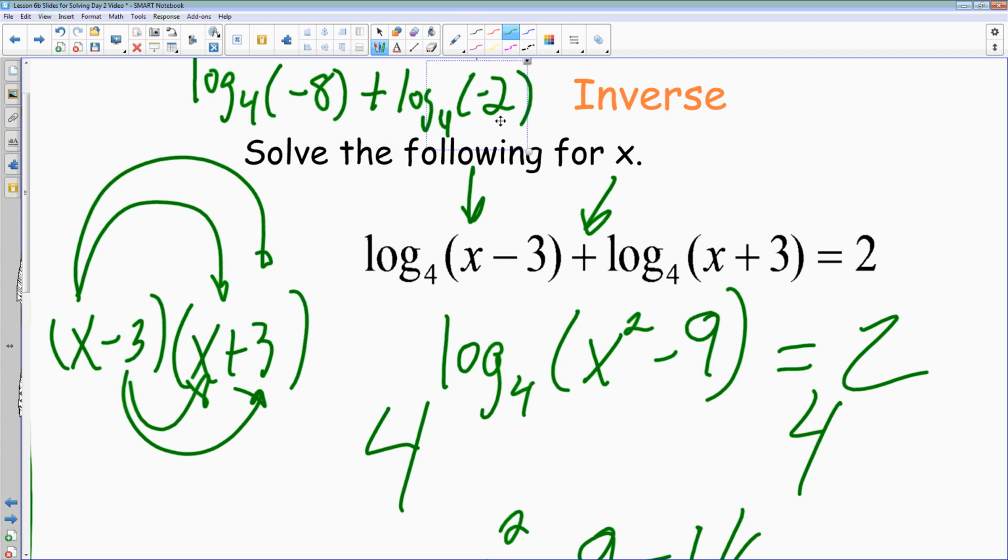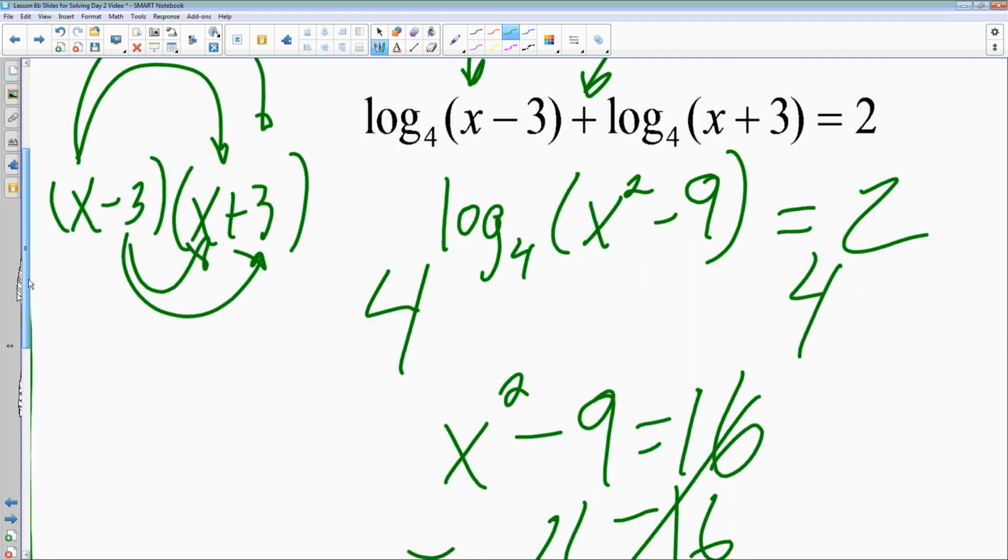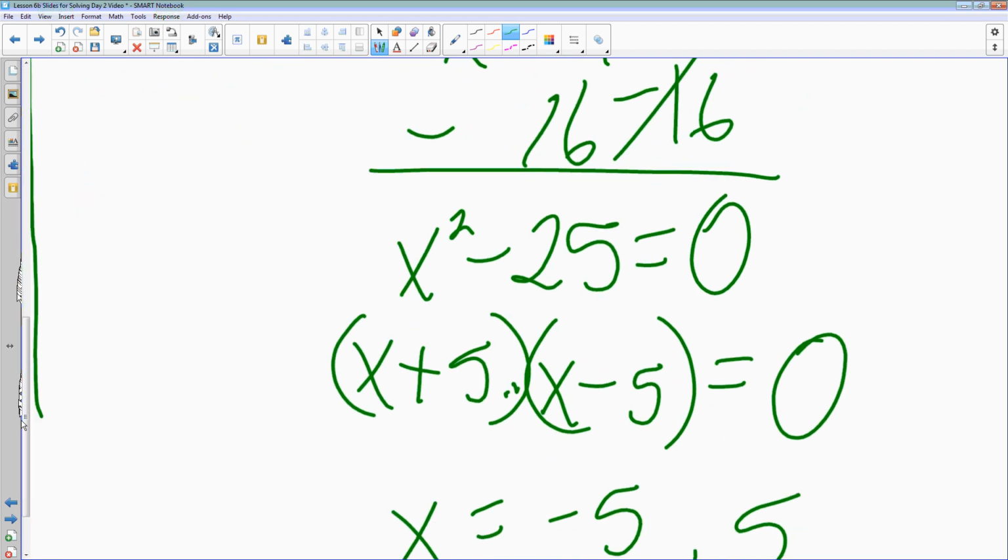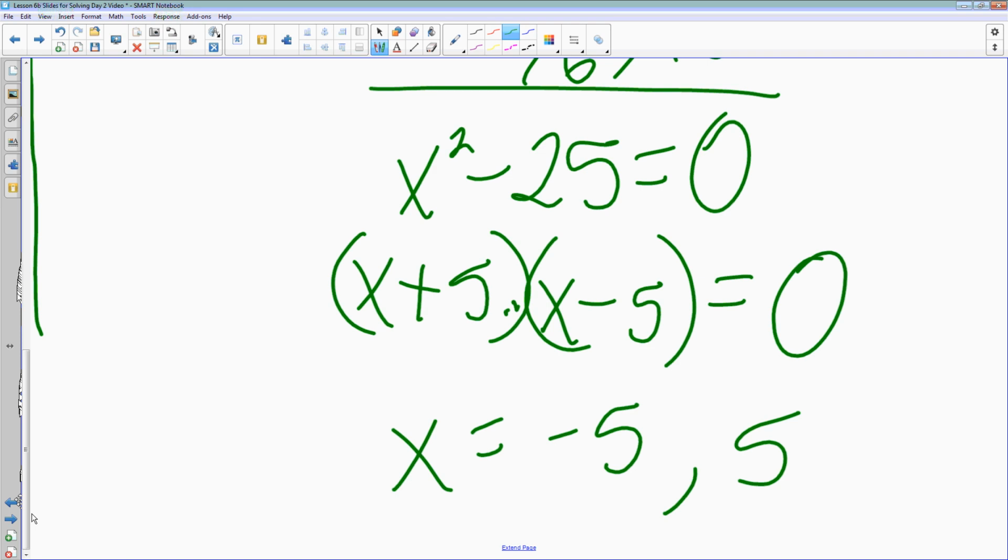You should remember, you can't take the log of a negative number. There's no 4 to any power that's going to get you a negative number. So this is extraneous. Whenever you take the log of a negative number, it's going to end up being extraneous, unless the expression allows that number to eventually become positive. All right, so the correct answer and the only answer is 5.